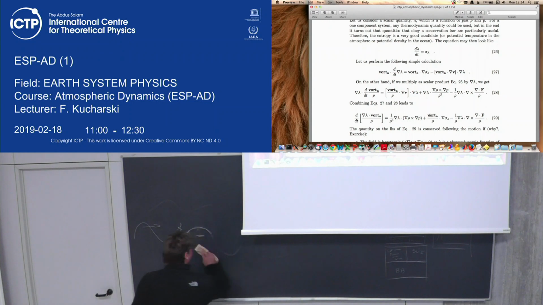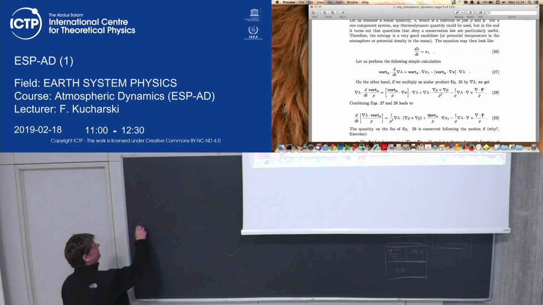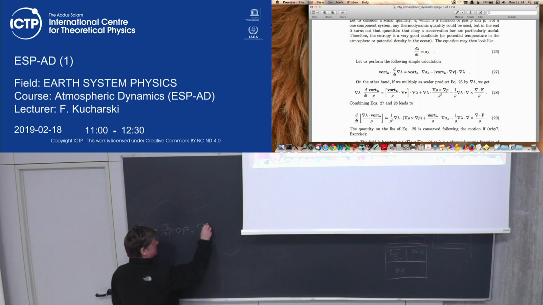And that's probably one of the nicest things about this trick, that then the gradient of lambda can be expressed as d lambda by dp gradient p plus d lambda by d rho gradient rho.